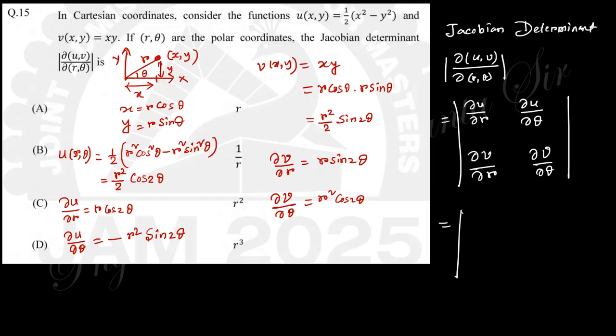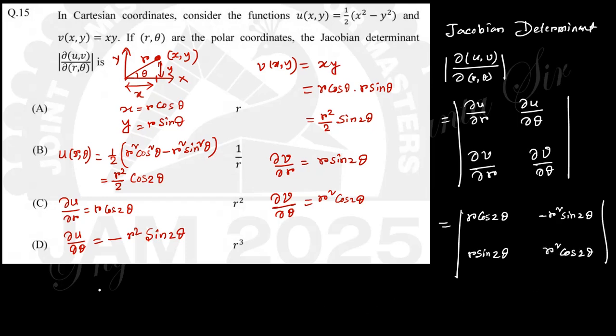Del u del r means r cos 2 theta. Del u del theta means minus r square sin 2 theta. In the second row, del v del r is r sin 2 theta, and del v del theta equals r square cos 2 theta.